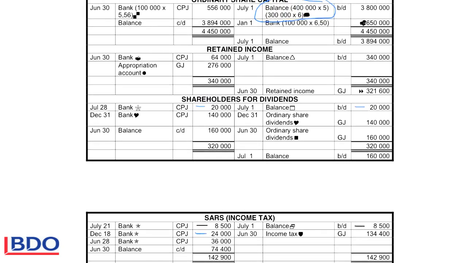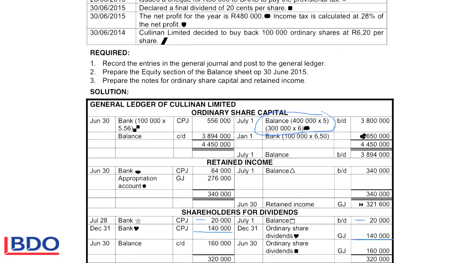And the cheque is issued to SARS, so the SARS account will be debited to indicate that the debt on the profits that the business made during the last 6 months is paid, the 36,000. You will not show any entry in the income tax account because you can only use the income tax account after the final profit for the year was determined.